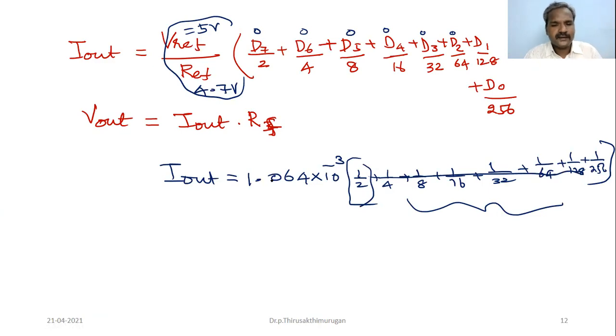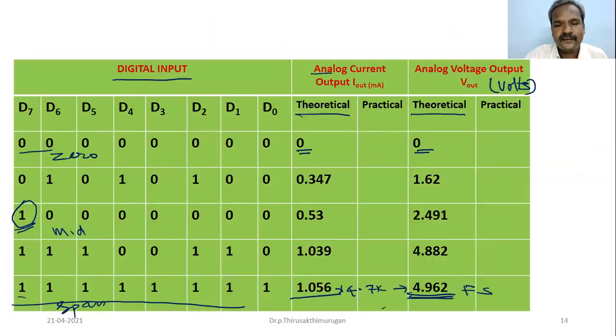So 0.5 into 1.06, I'm getting 0.53 milliampere. Multiply this with 4.7K, I'm getting 2.491 volts.